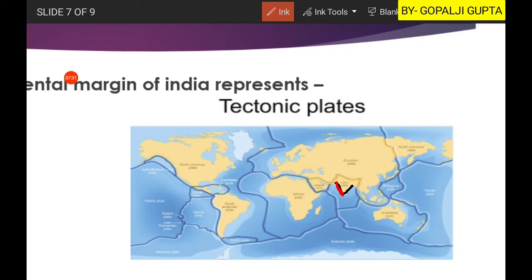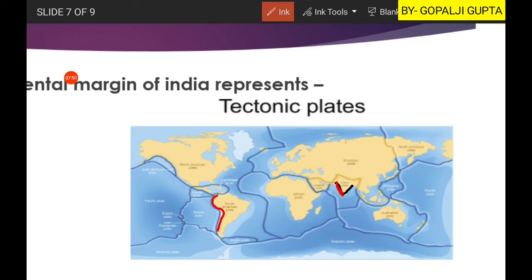Now if the boundary of any continent coincides with the boundary of a plate, it is known as an active plate boundary, just like that of South America. Here the western boundary of the South American continent just coincides with the plate boundary.